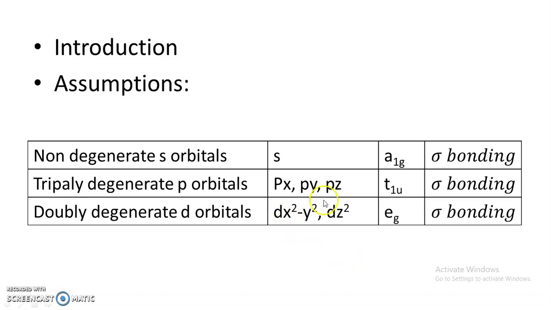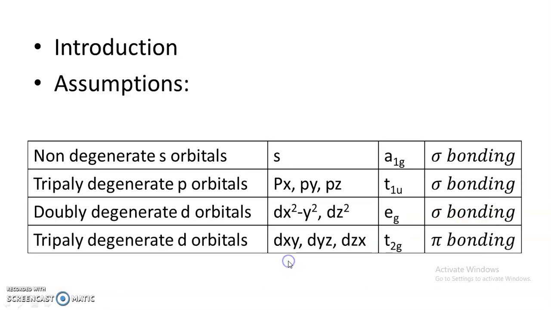Dx square minus y square and dz square, these 2 orbitals, their symmetry symbol is Eg. This is the set of doubly degenerate d orbitals, which is also responsible for sigma bonding. And dxy, dyz and dzx, these 3 orbitals are triply degenerate d orbitals.